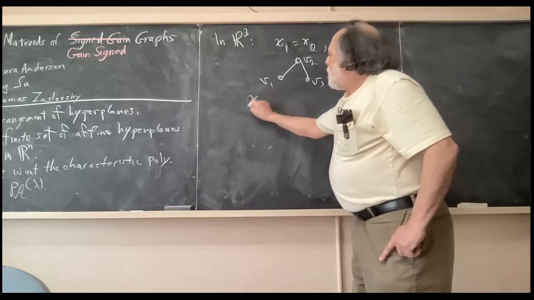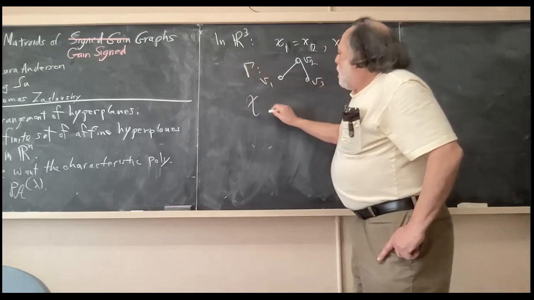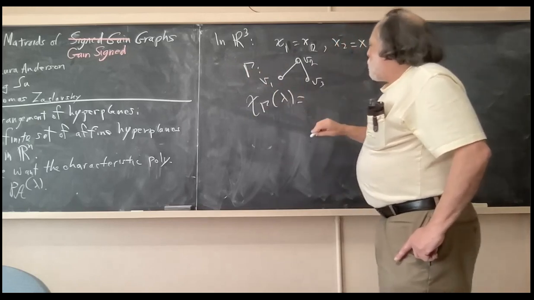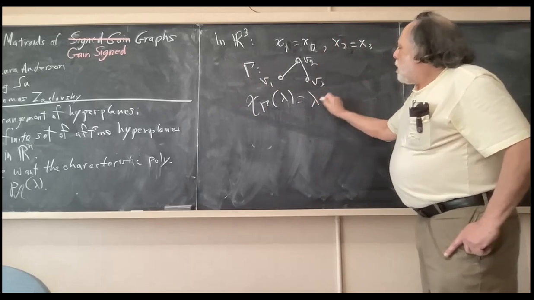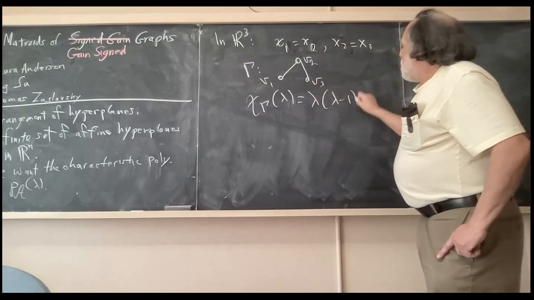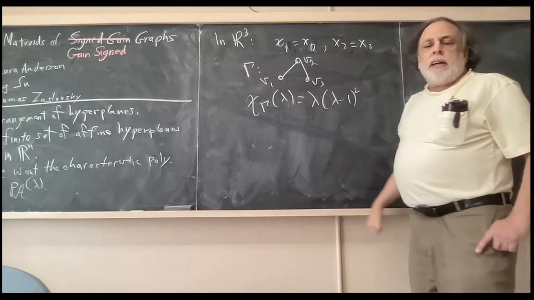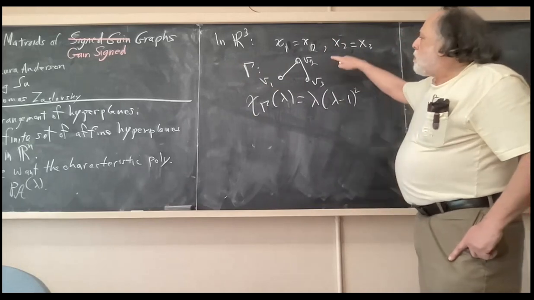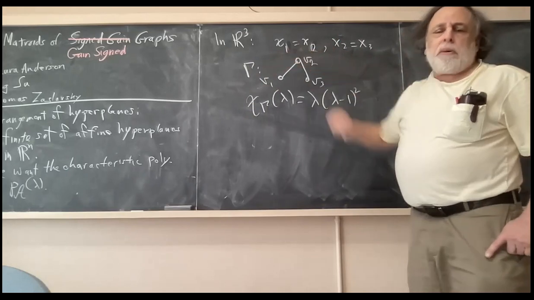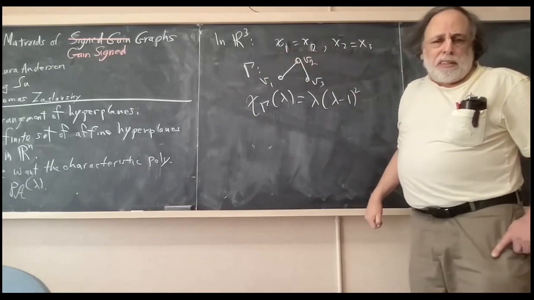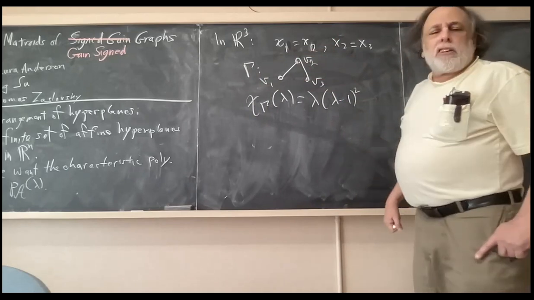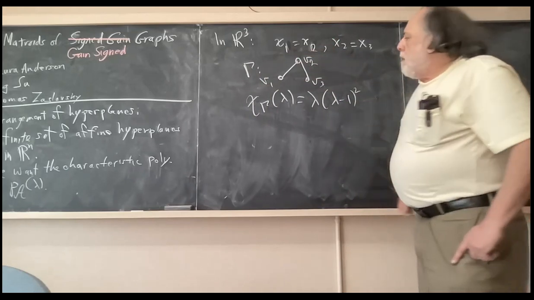And I calculate the chromatic polynomial of this graph, this is the graph gamma, and it is equal to lambda times lambda minus 1 squared. And that's easy to compute. It's easier than trying to compute the characteristic polynomial of the hyperplane arrangement directly, because it's so easy. So this is the philosophy behind the whole project.